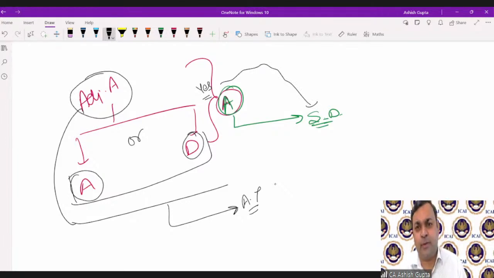SD means Special Director Appeals. If this is no, meaning the adjudicating authority is providing its decision in a higher designation than these two, then you can make an appeal directly to Appellate Tribunal. Okay, now this thing is clear.